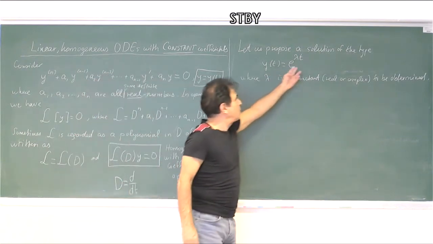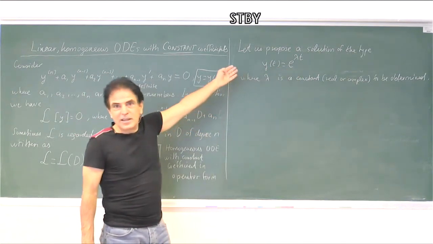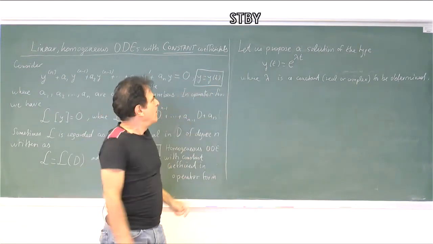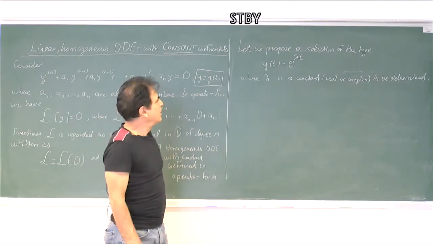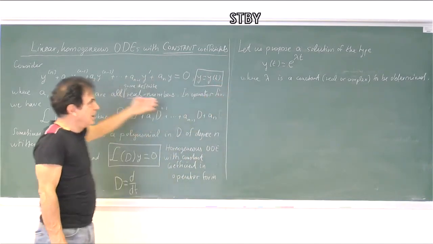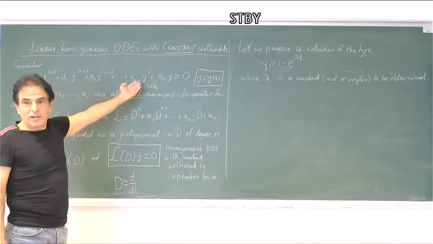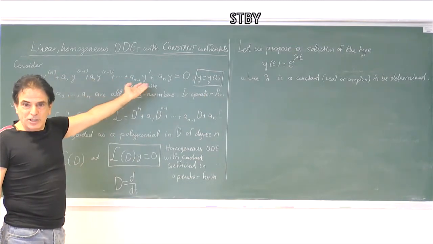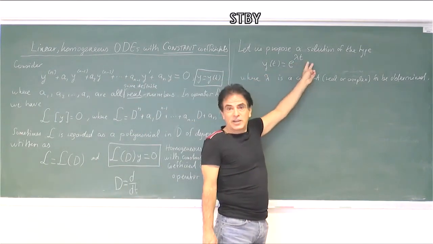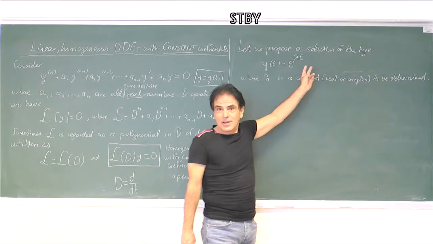look, our exponential function is clearly differentiable up to any order. So let us find its derivatives and substitute into the differential equation to see whether this function satisfies the differential equation or not. Okay?